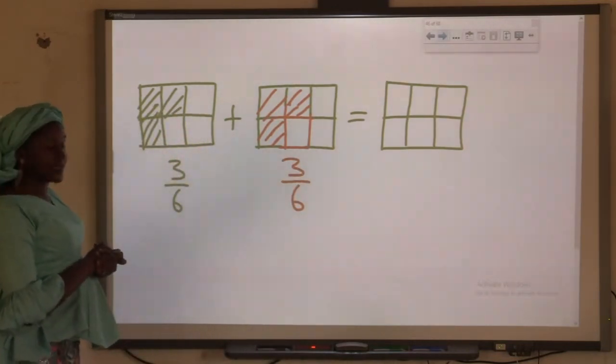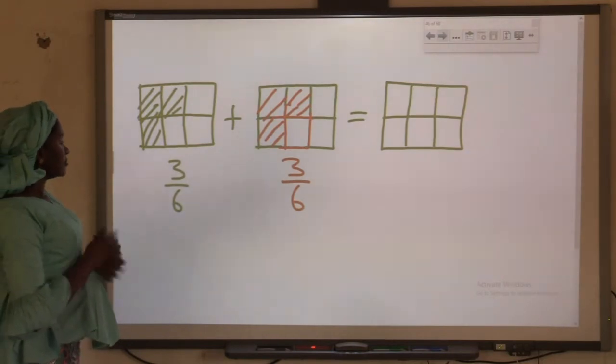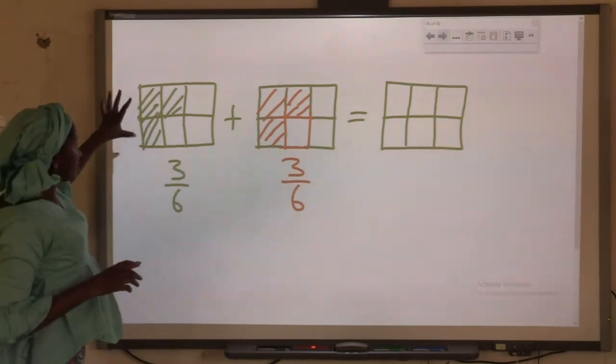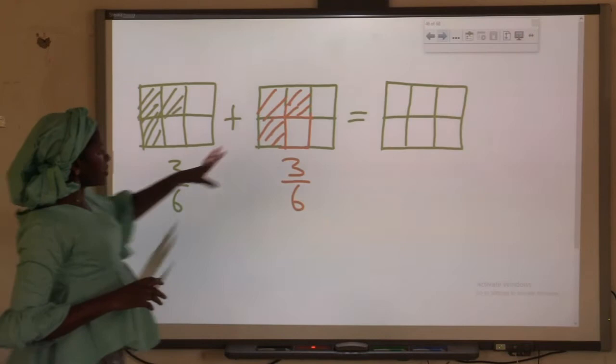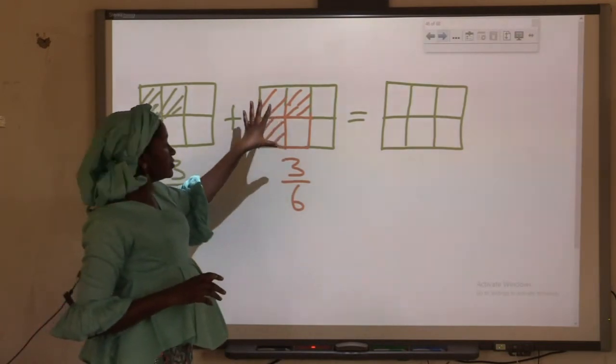The first diagram I said 3 portions, and the second diagram I said 3 portions.